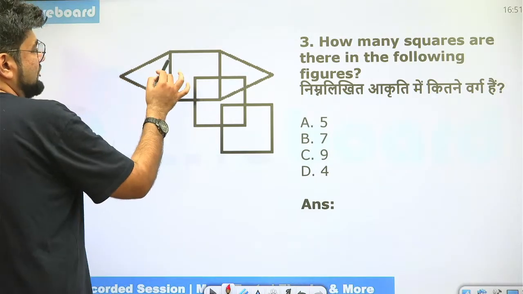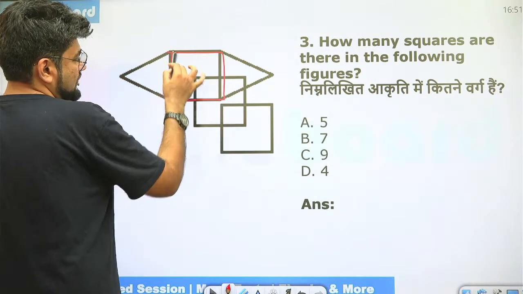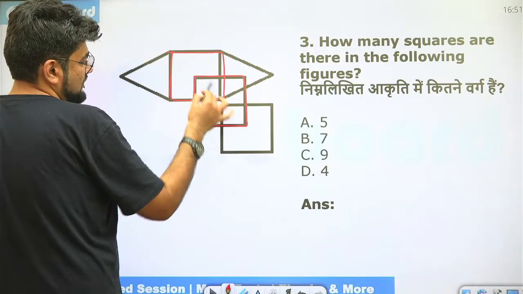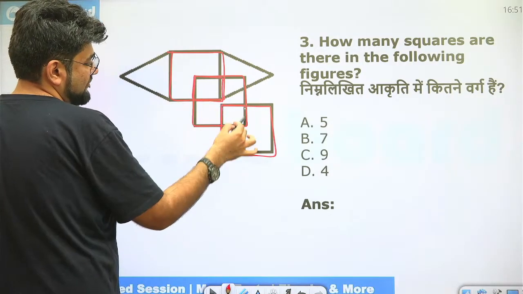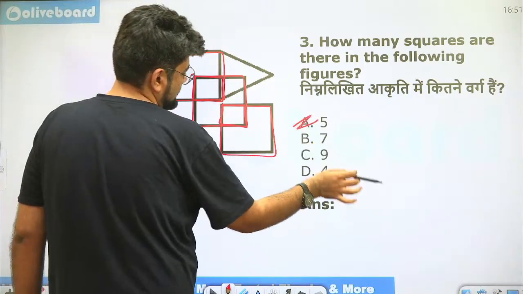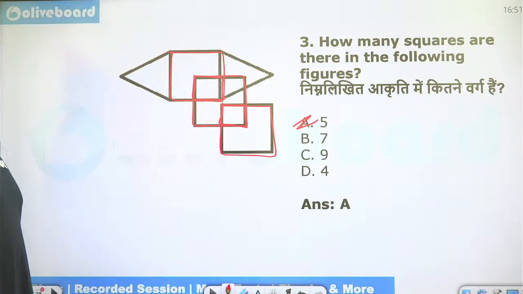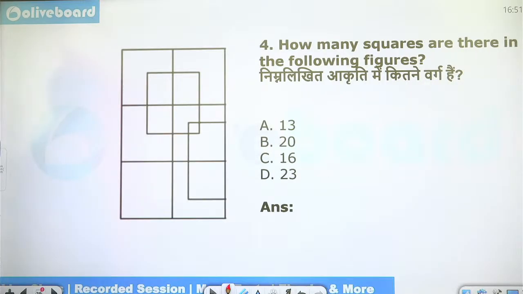Just visualize. Not everything is formula based. 1, 2, 3, 4, 5. That's it. Okay. Next. How many squares again?